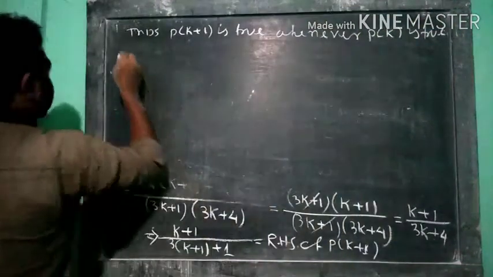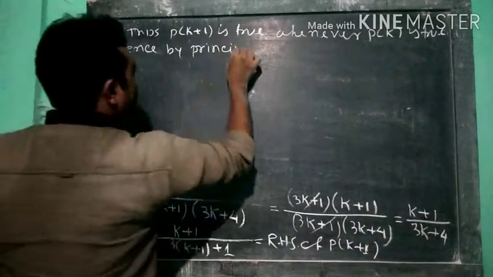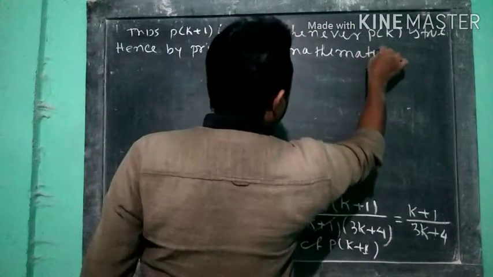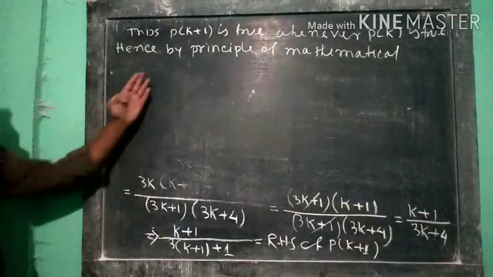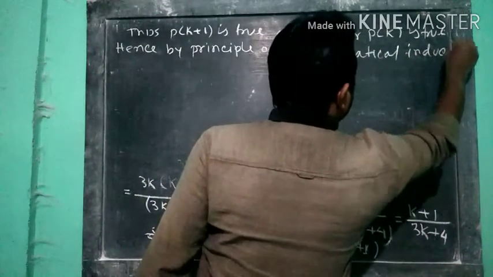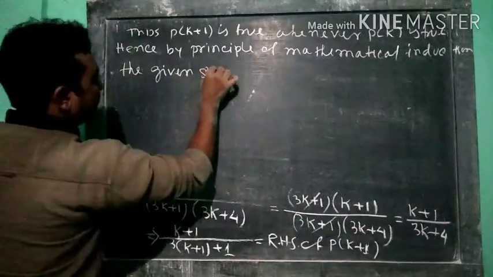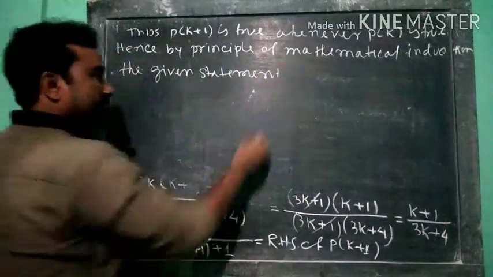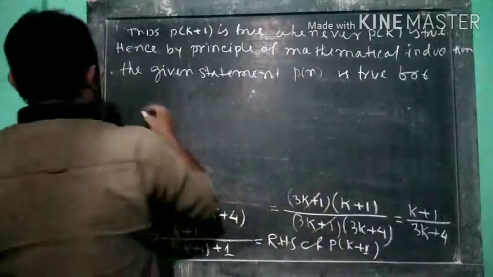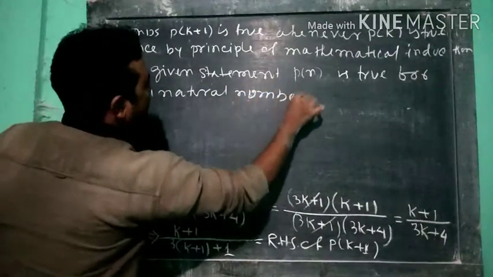Hence, by the principle of mathematical induction, the given statement p of n is true for all natural numbers.